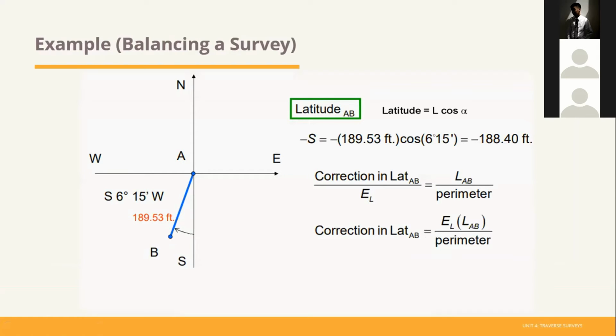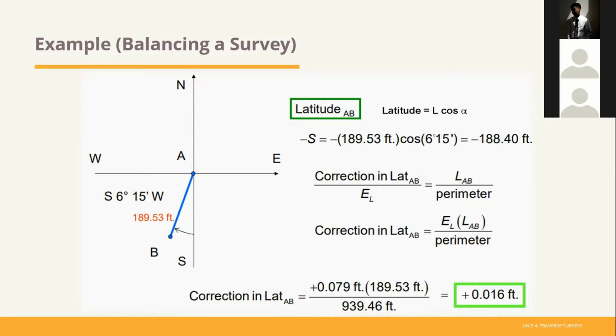Manipulating the formula and substituting, we will eventually get 0.016 feet. E sub L is 0.079 feet, and L sub AB will be 189.53 feet over the perimeter, which is the summation of the lengths of all lines.